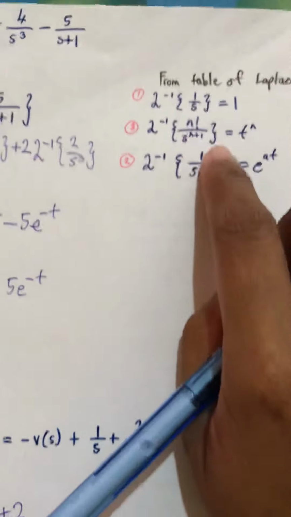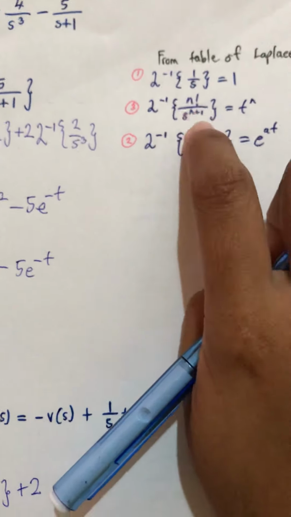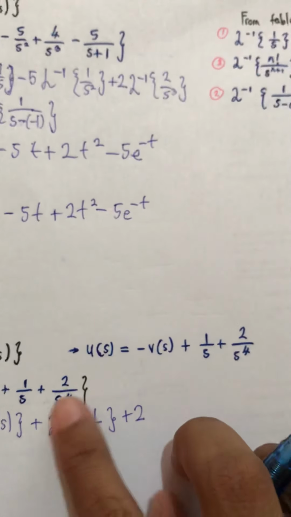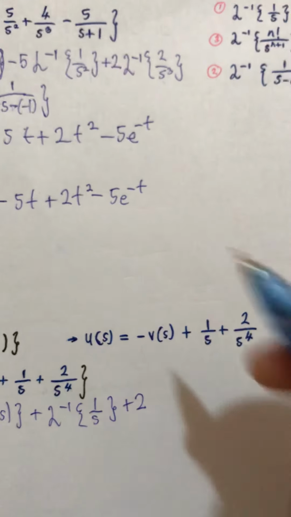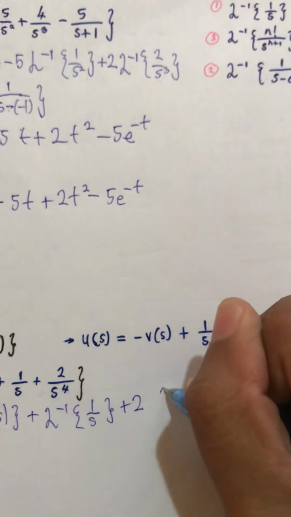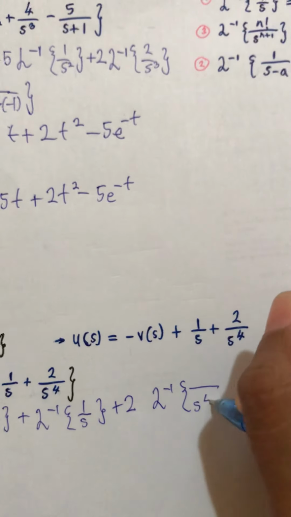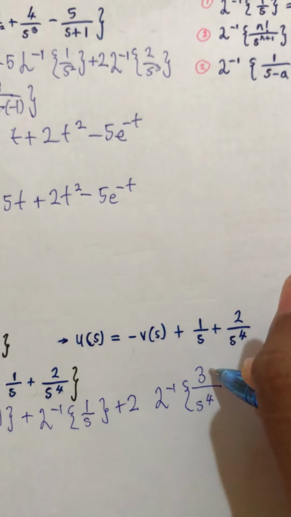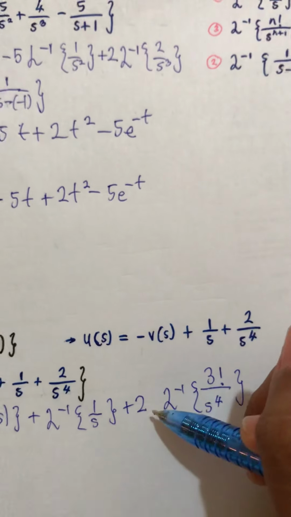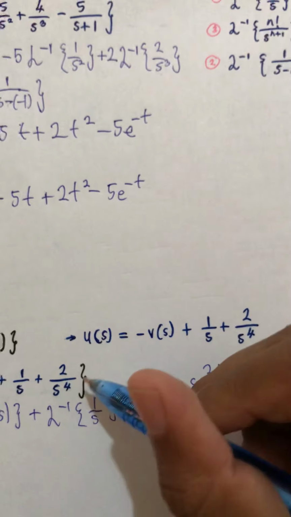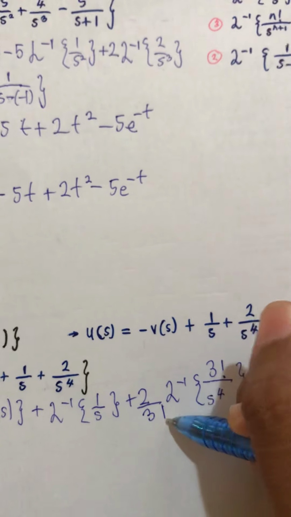So here we use the properties number 3. So we try to make it in this form. So here we got s power of 4, so the above part should be 3 factorial. So to make this equal to this, we have to take 2 over 3 factorial.